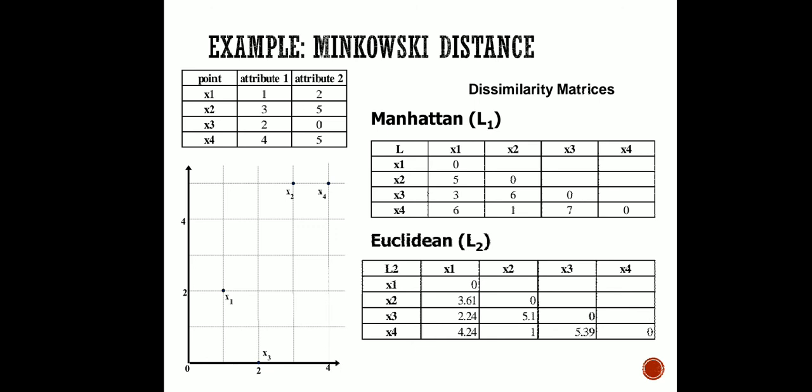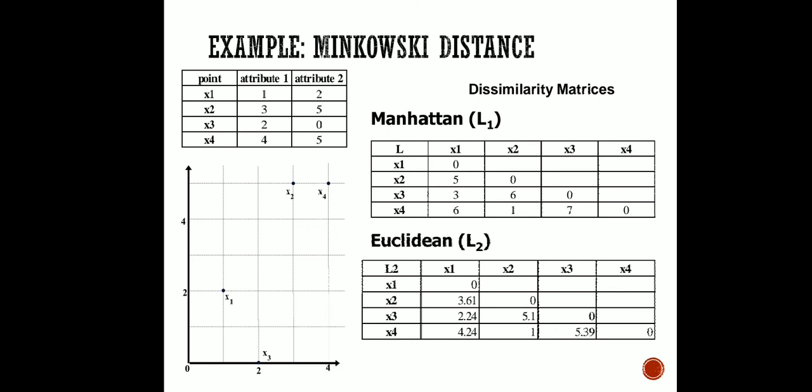If there are n attributes, it will follow the same fashion. For attribute 1 it will be 3 minus 1, and for attribute 2 it will be 5 minus 2. So 3 minus 1 is 2, plus 5 minus 2 is 3. So 2 plus 3 will be 5.